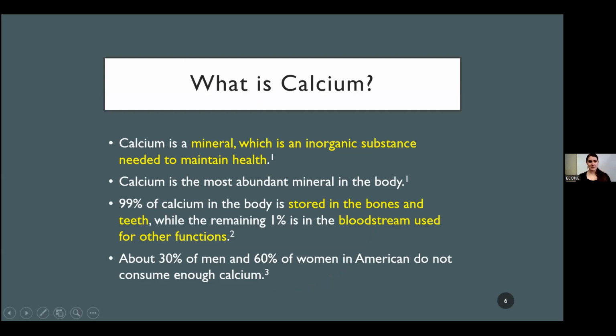Calcium is the most abundant mineral in the body, and it can be found mostly in the bones and teeth, but there is a little bit of calcium kind of throughout the body as well, as it's used for numerous vital functions. The USDA estimates that about 30% of men and 60% of women in America do not consume enough calcium. So that's why this makes a really important topic for us today. Calcium is a nutrient of concern for the general public. And I think as we go throughout this, you'll understand why.